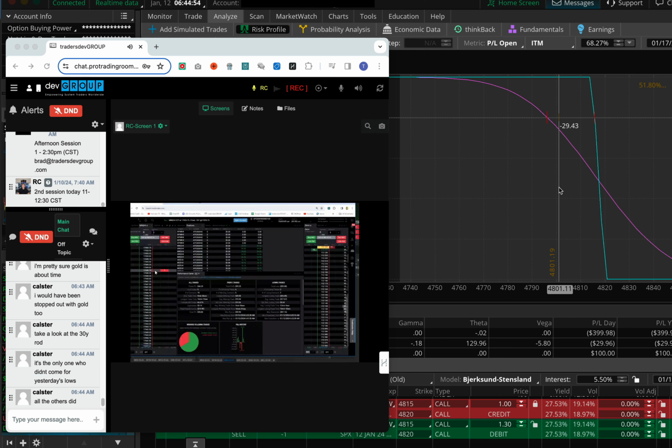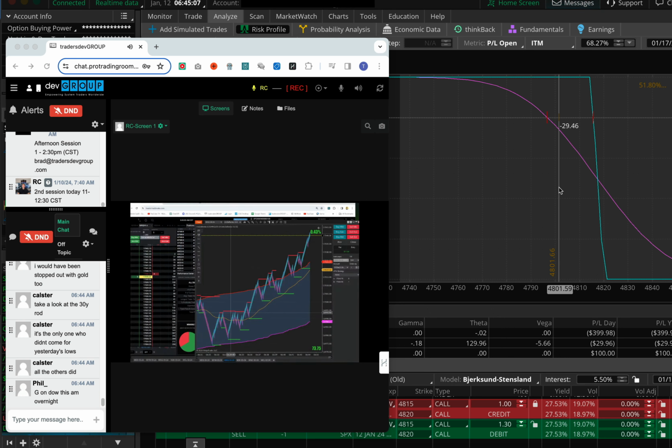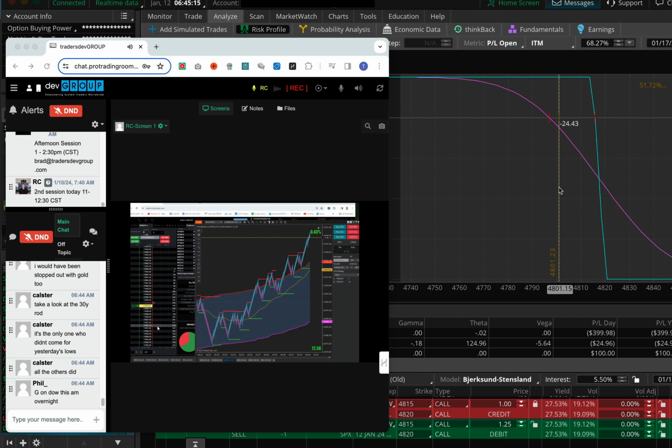See how sophisticated this is? If you manage your risk, you can do this all day long, even in a strong market. As long as the Russell stays under 2,000, I'm going to be okay.